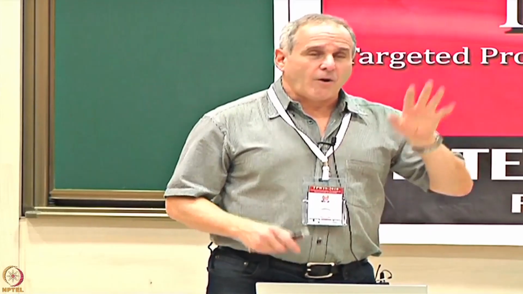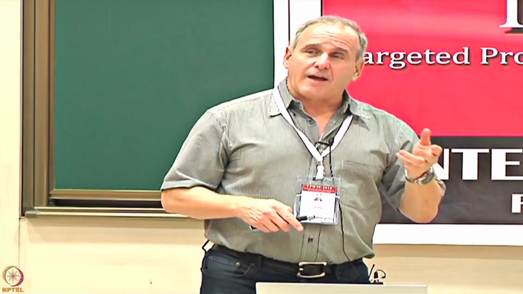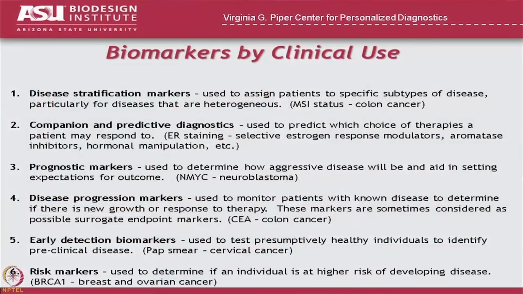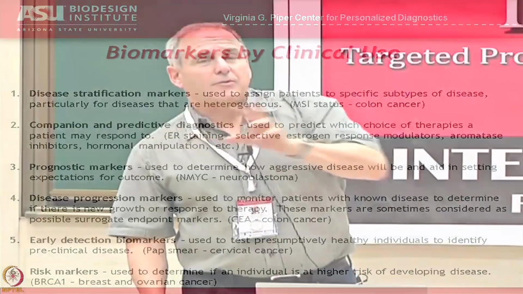Those different subtypes will respond to different therapies. And so the gene expression that you look at, those are biomarkers that help you stratify patients. That turns out to be very important because by stratifying patients into different groups, now you know better how to treat them and what to tell them in terms of expectations for their disease.